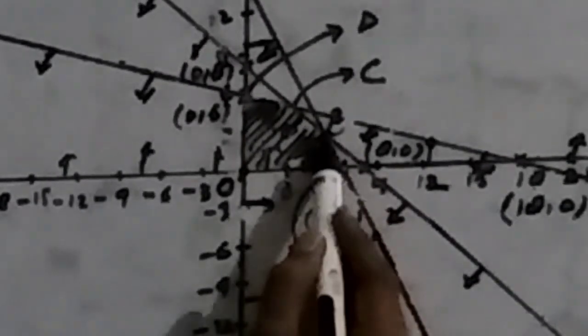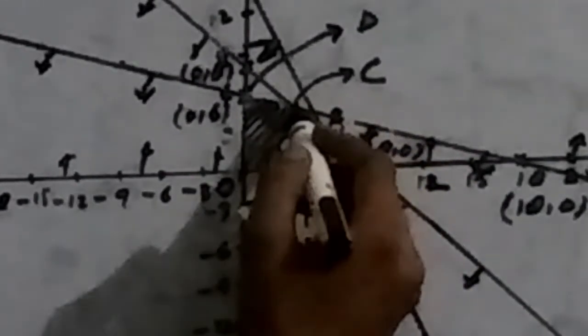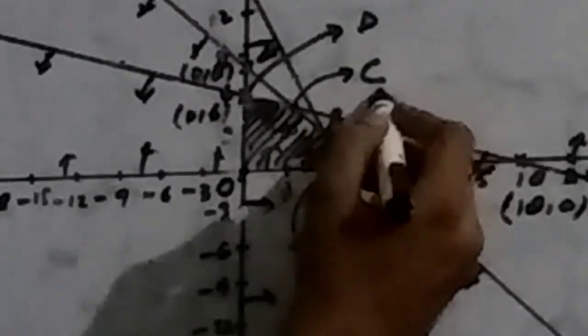The next corner point is this point, and say this is the point B, and the next corner point is this point, named C, and the last one is this D.